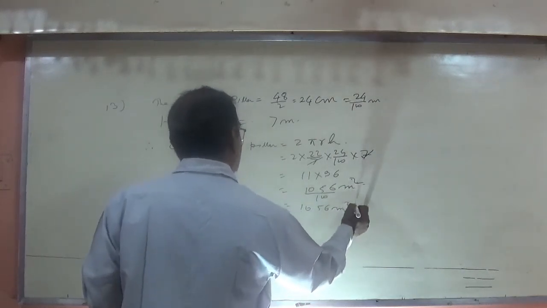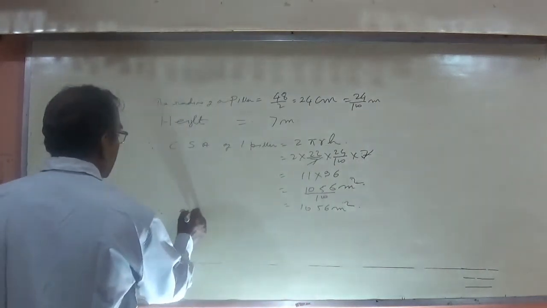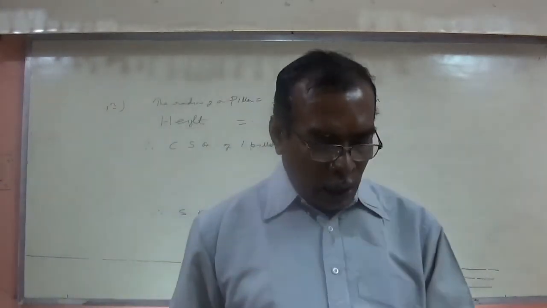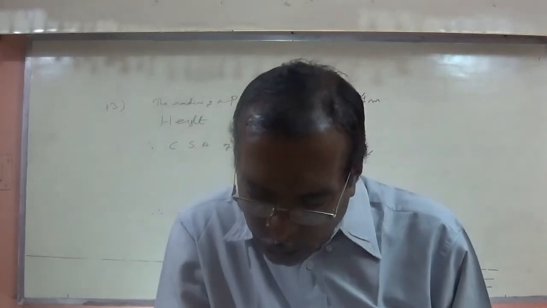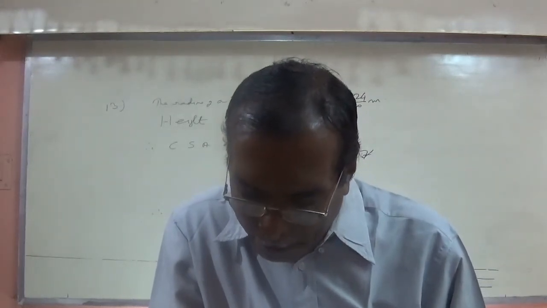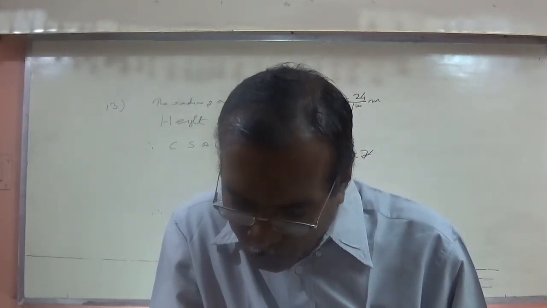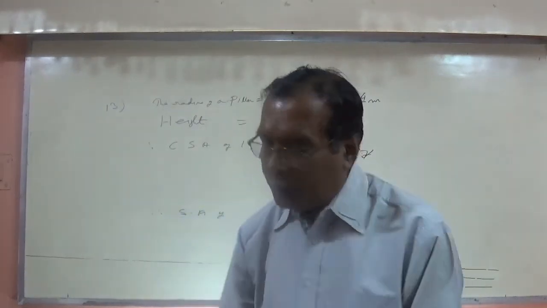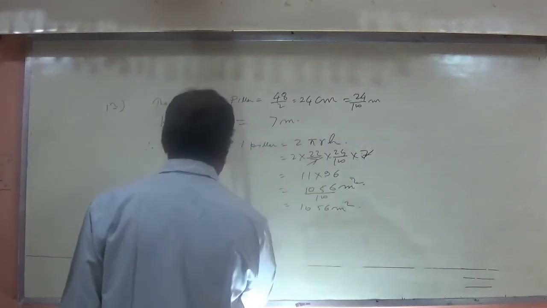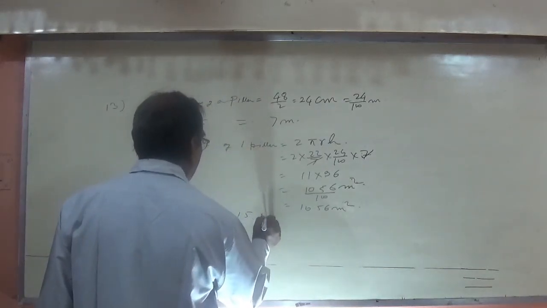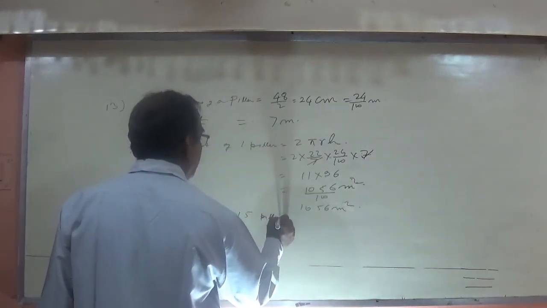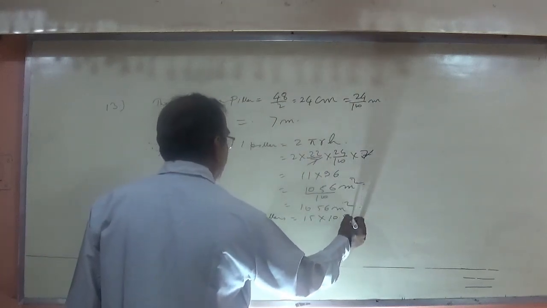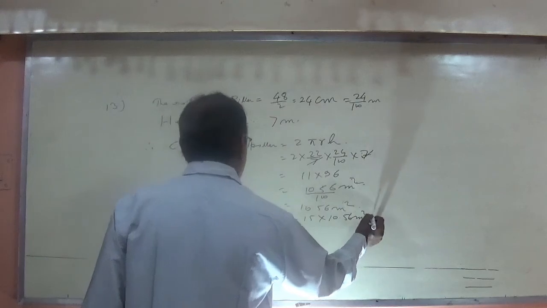Therefore, how many pillars do you have? You have 15 pillars. So the curved surface area of 15 pillars is equal to 15 into 10.56 meter square.